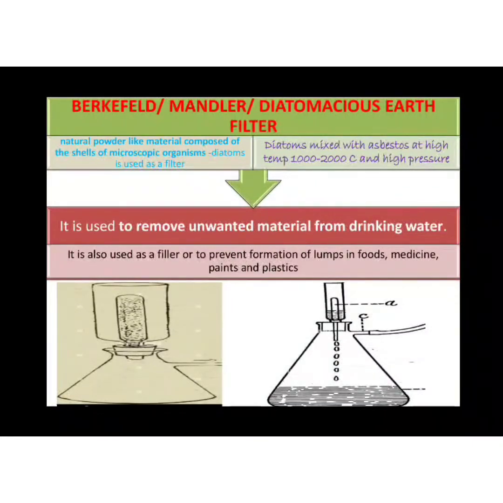And also of course microorganisms. This filter is also used to separate out bacteria. The disadvantages are that it is a slow process, and there are chances that this mantle can be blocked, and frequently you need to clear this.